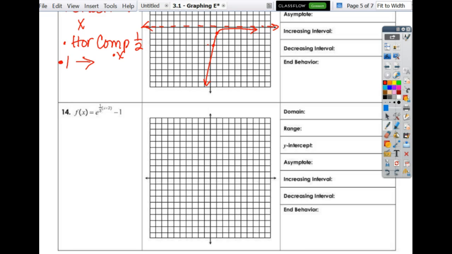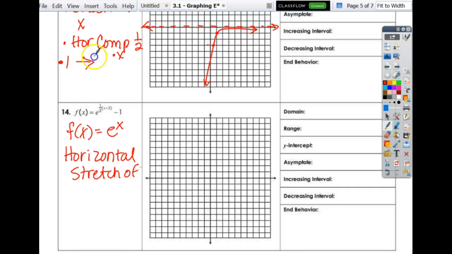What's my parent function? So the 1/3. Right. It's less than 1, so it's a horizontal stretch of 3. And then I can't see, is that a +2 or -2? +2.